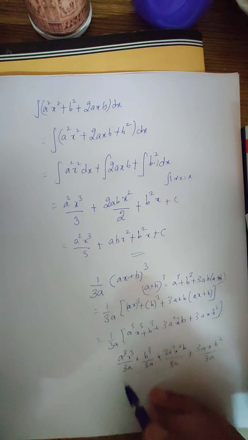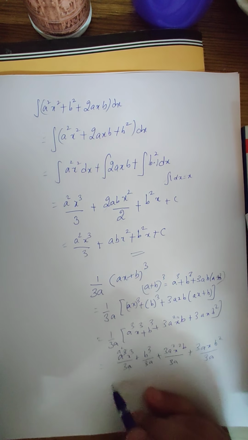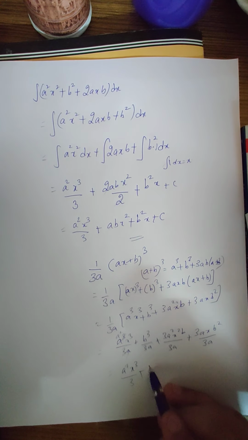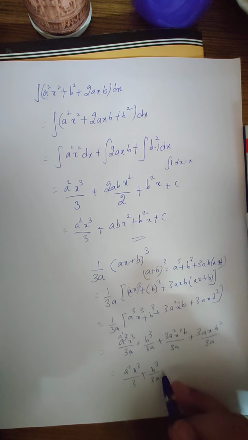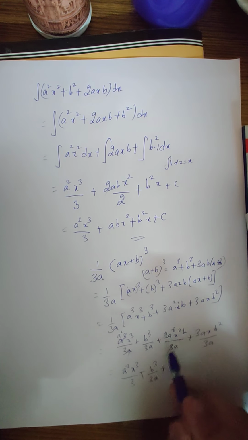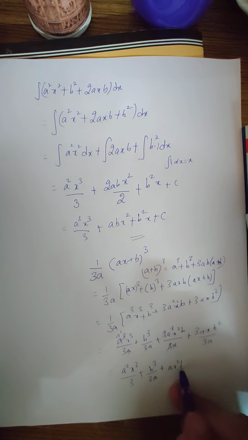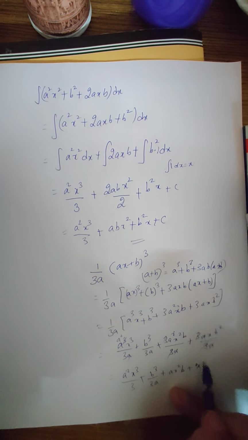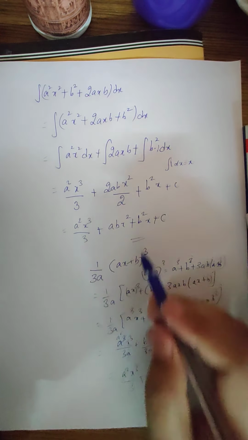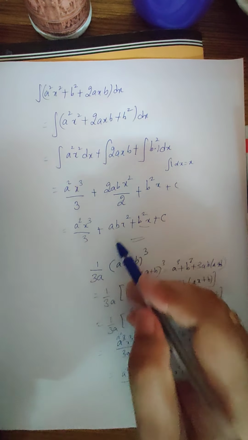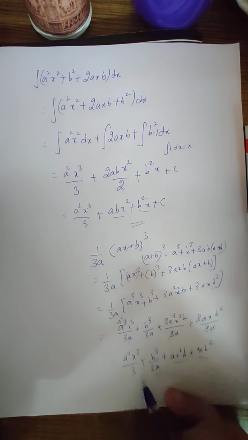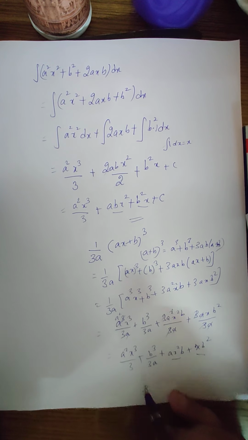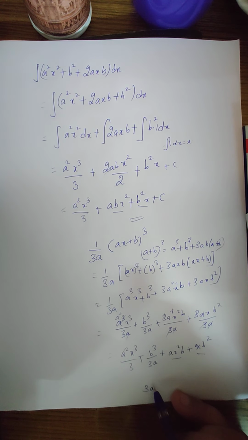That will be a square x cube by 3 plus b cube by 3a plus, the 3 and 3 will cancel, a will cancel, ax square b, plus 3 cancel, a cancel, x b square. So this will be x b square, ax square b, and if I take the LCM with this, I'll have 3a.